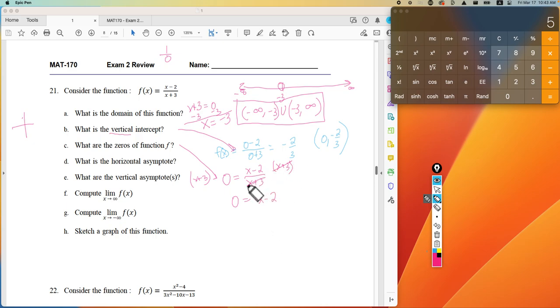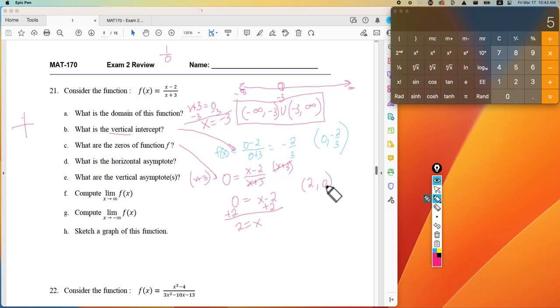But if you don't remember that, go ahead and follow the full swoop. So we add 2 to both sides because we're solving for x. So 2 is equal to x. That is the zero of the function, the x-intercept. And again, there's only one of them. So we could list that as an ordered pair, 2, 0.